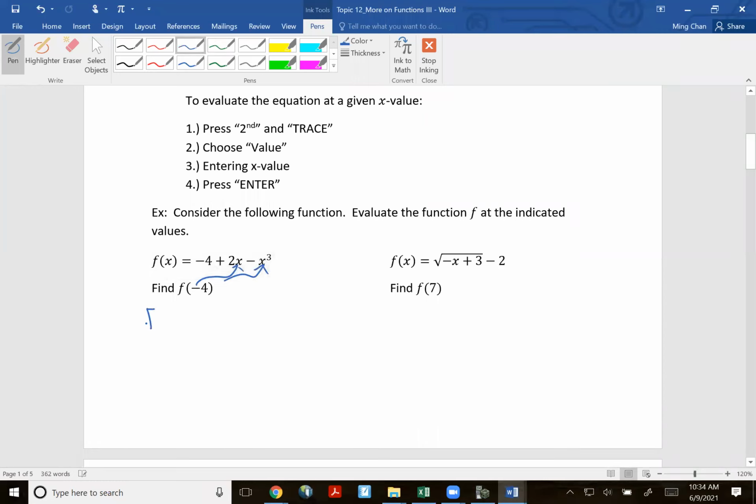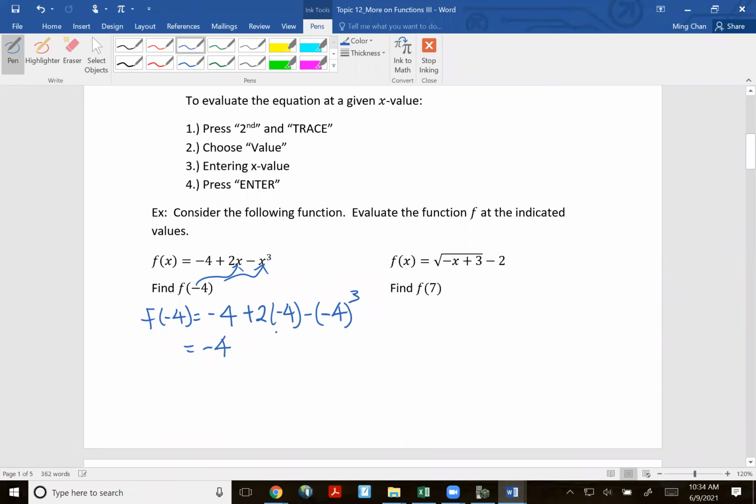So f of -4 is equal to -4 plus 2 times -4, minus -4 whole thing to the third. Every time we substitute a value into the equation or function, always make sure the value is inside parentheses. The first term is -4.